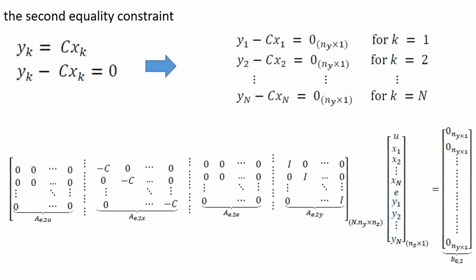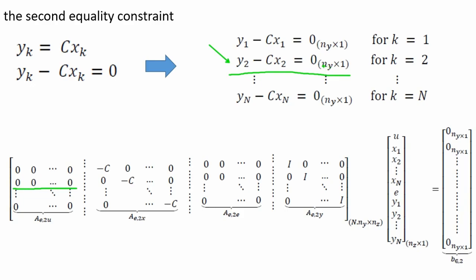As we know that in the first equation, there is no y2, so it is 0. For y3, there is no y3, it's 0, and also there is no y of n in the first equation. So it is also 0. On the right-hand side of the equals sign, we have 0, but how many of them?